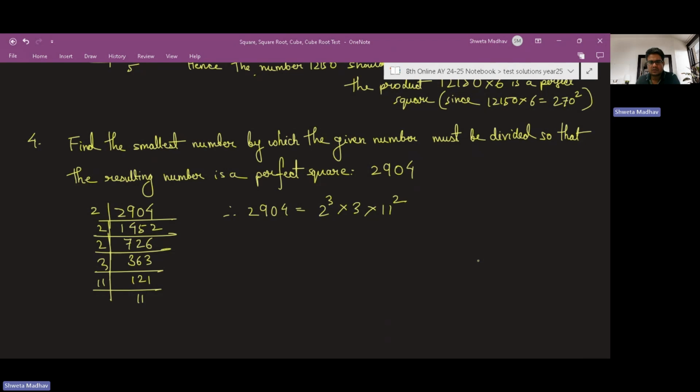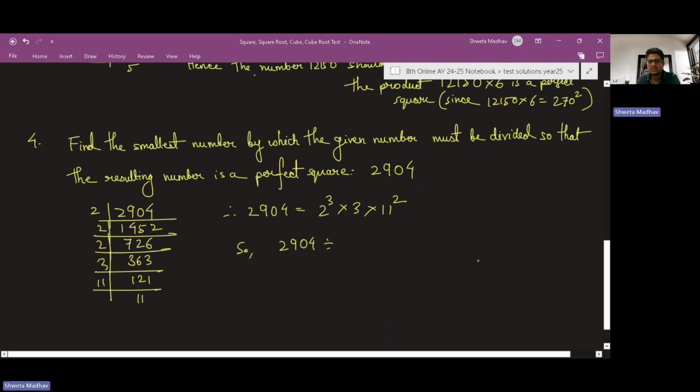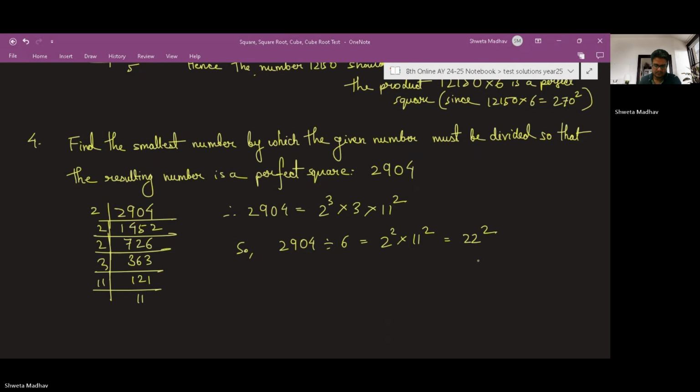So here it means one of the 2's is not forming a pair and this 3 is also not having a pair. So therefore it should be divided by 2 into 3, so that should be divided by 6. So we can say that 2904, if we divide it by 6, then only we will get 2 power 2 into 11 power 2, which is nothing but 2 into 11 whole square, means 22 square.